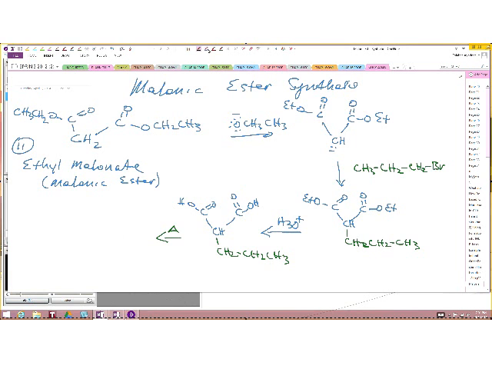I have this. So I could ask you, starting from malonic ester, to make this compound here, right? Now, plus carbon dioxide is given off.